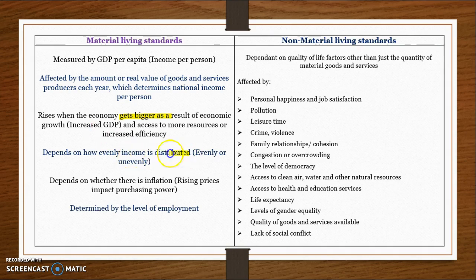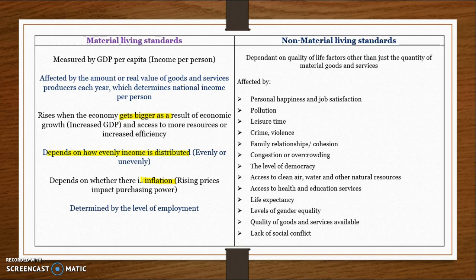Material living standards depends on how evenly income is distributed. It depends on whether there's high inflation, so if prices are going up by too much, then that can reduce material living standards, and the level of employment. Generally, when economic activity increases, that leads to increased incomes throughout the economy because there's more demand for workers, and the higher GDP per capita and higher material living standards.